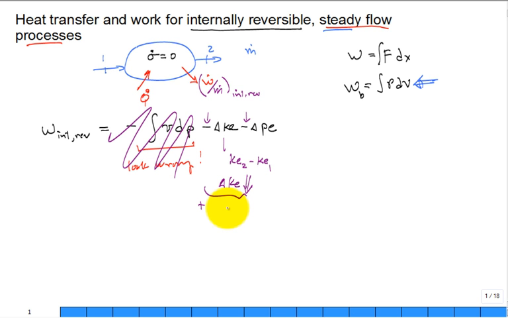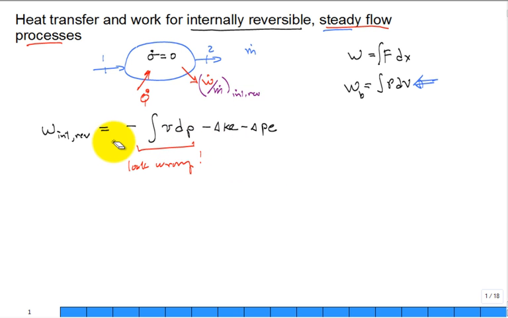That would make sense. Likewise, if the change in the potential energy is negative, then a negative makes a positive work out. So by themselves, these terms make sense, and then the minus sign, you can think through it, and yeah, that makes sense. The hard term is this one right here, the v dP.